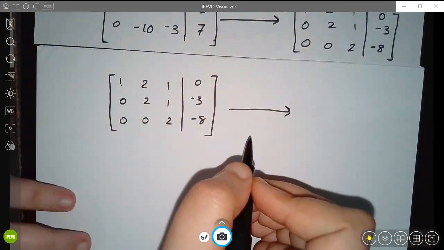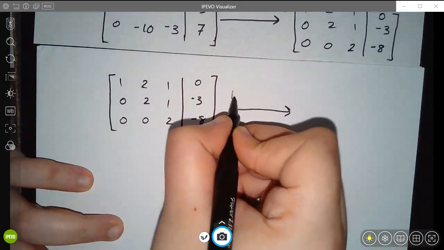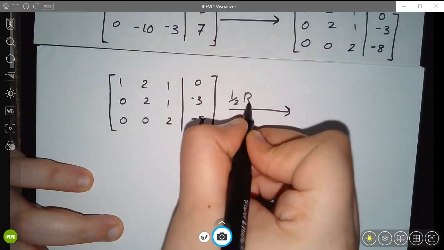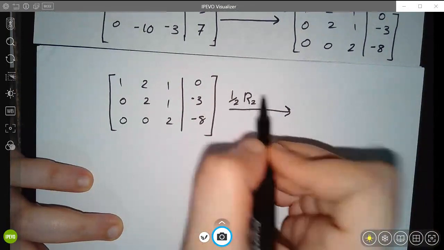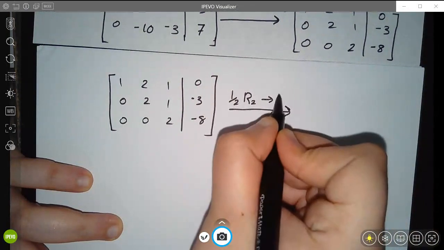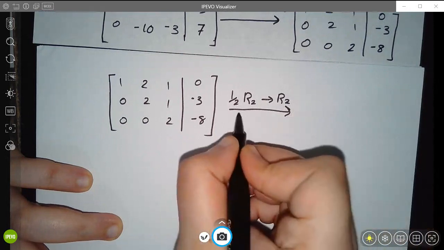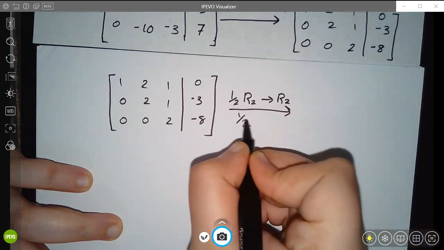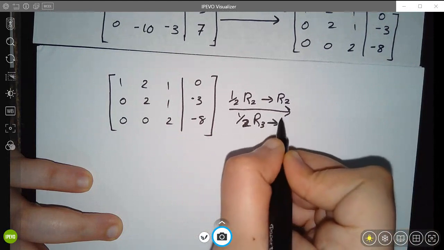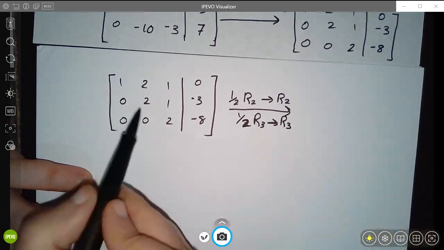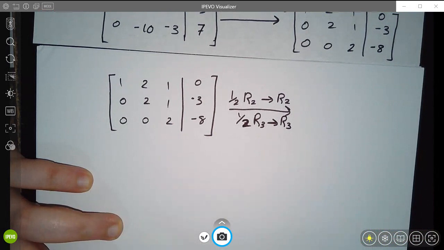So what I'm going to do is divide row 2 by 2, or multiply it by 1/2, same thing. So half row 2 is the new row 2, and then half row 3 is the new row 3, because it's the same issue. This one needs to be a 1, that one needs to be a 1.